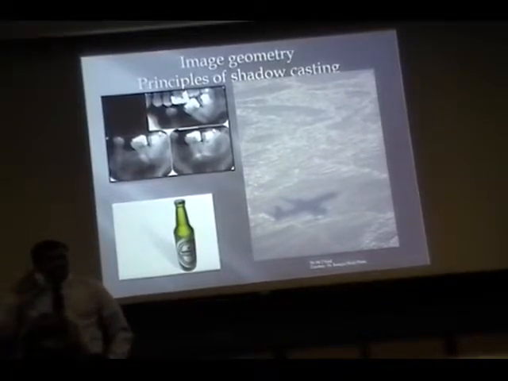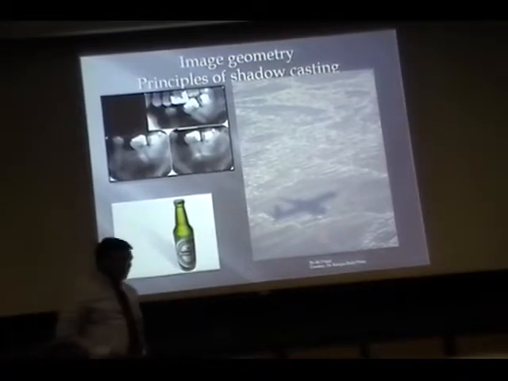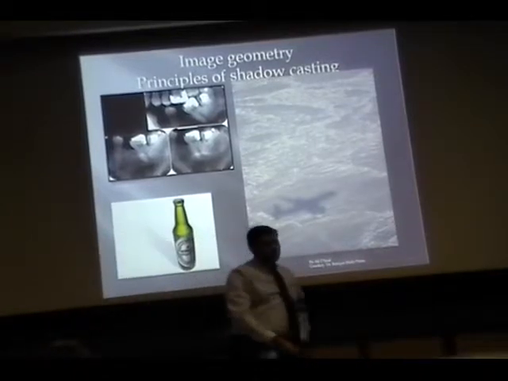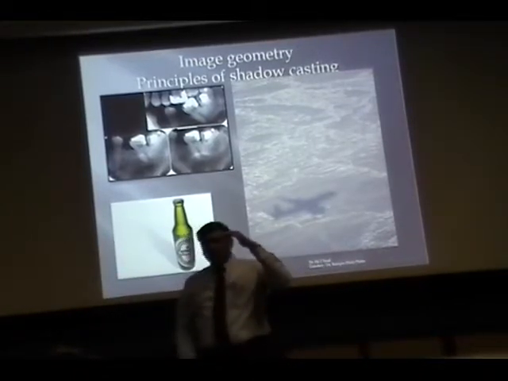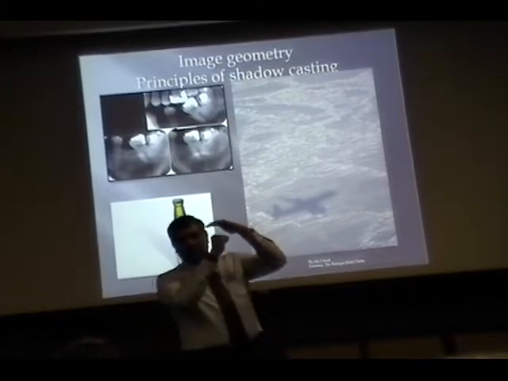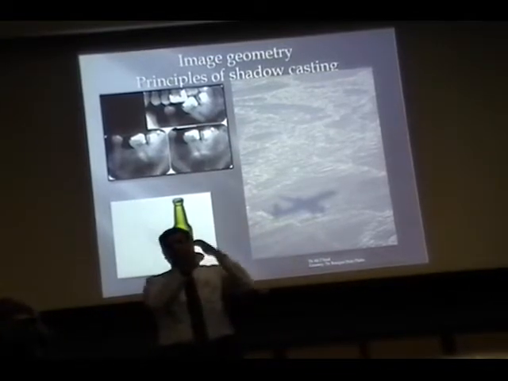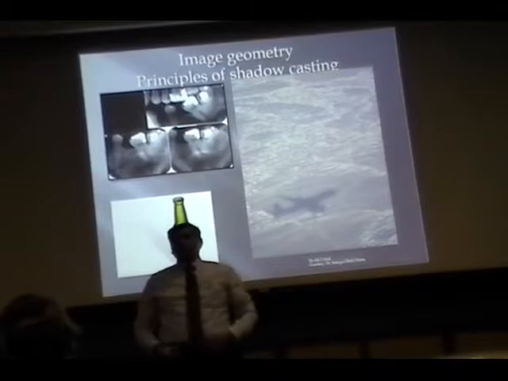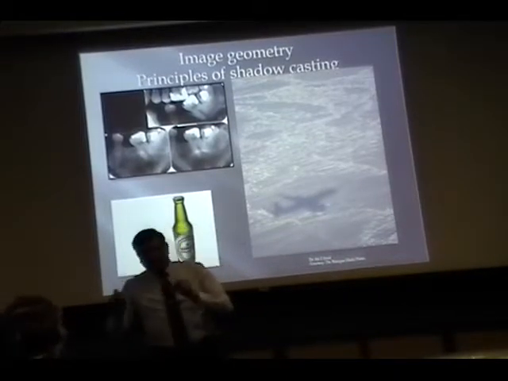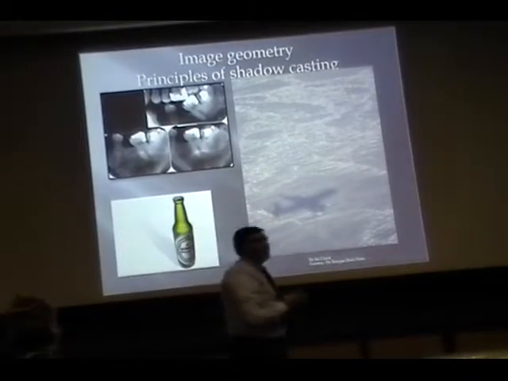Not really. So basically you have the articular eminence and then the condyle which sits here, and in between there is a disc. If you want to evaluate that disc, because it's a soft tissue, you have to use MRI.